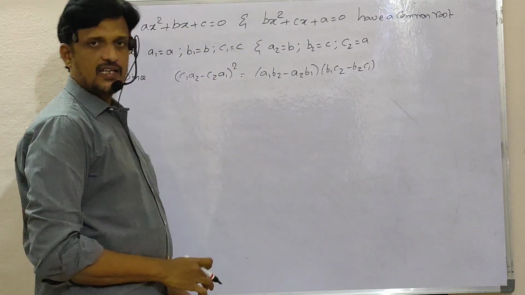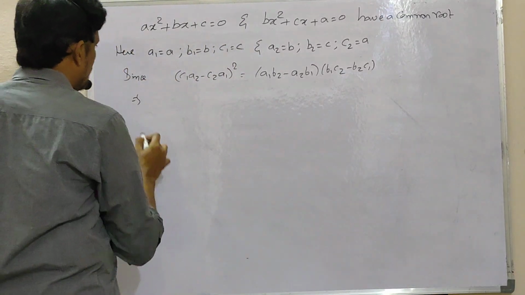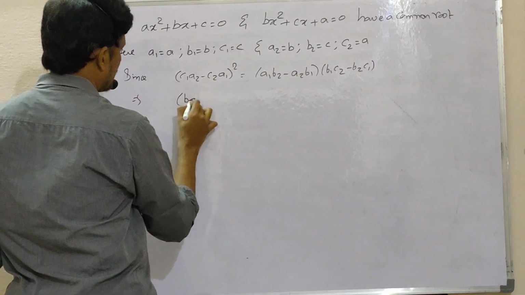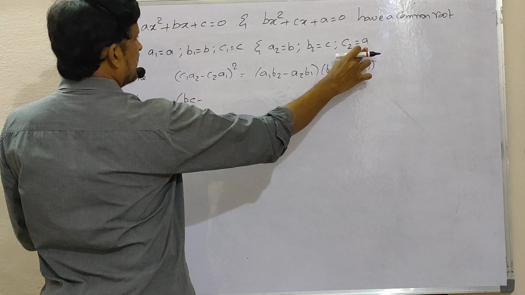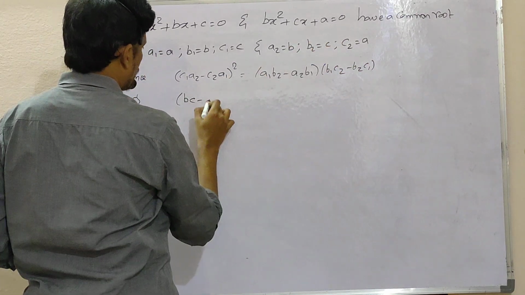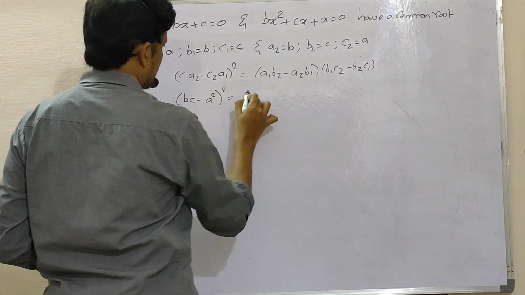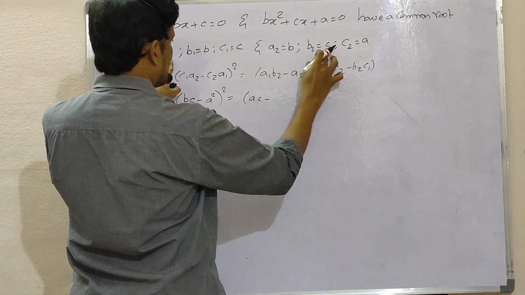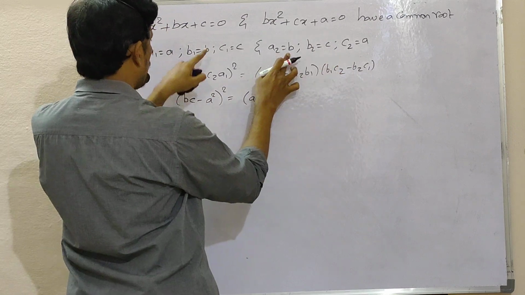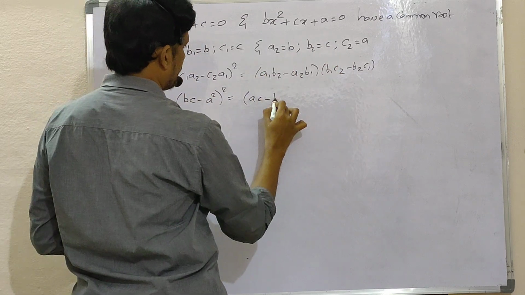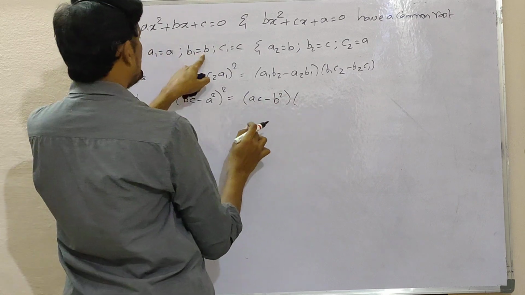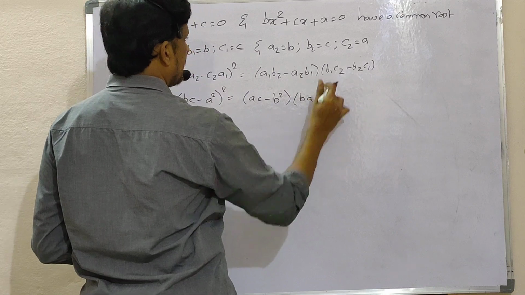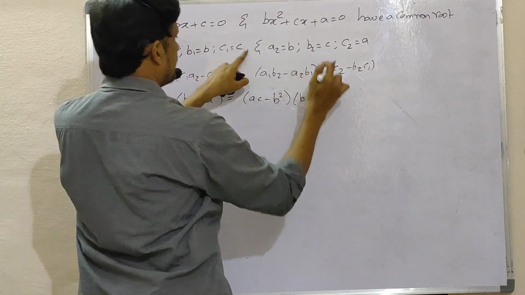This is the condition. Now substitute the values here. c1a2: cb or bc, both are same, minus c2a1, that is a into a will be a square, whole square is equal to a1b2, a into c, minus a2b1, b into b will be b square, into b1c2, that is ba or ab, minus b2c1, c into c will be c square.